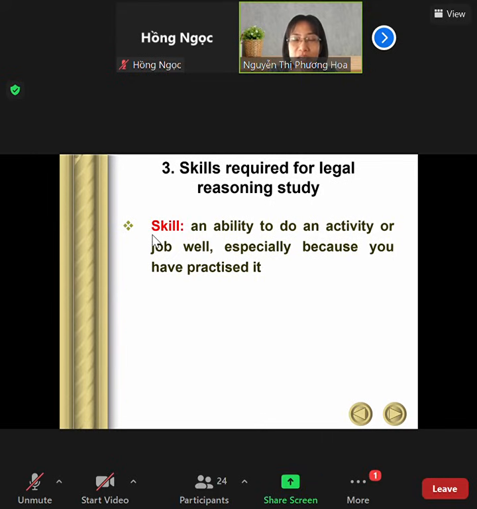Engineers, if they want to make an airplane or a motorbike, they need the machine and the materials to make it. The painter, if they want to make a painting, they need color, brushes, images.